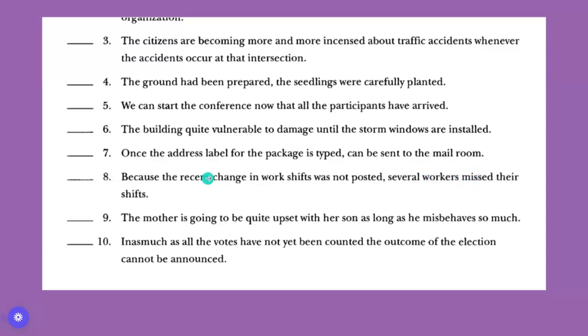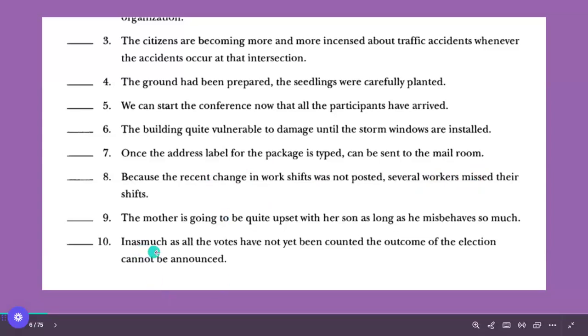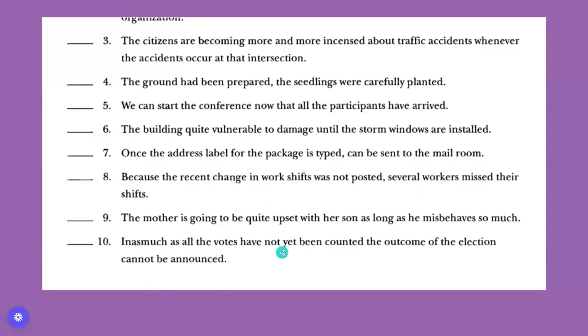Let's see number 9. The mother is going to be quite upset with her son as long as he behaves so much. I think it's correct, the connector and the subject. And the last one, it says, inasmuch as all the votes have not yet been counted, the outcome of the election cannot be announced.